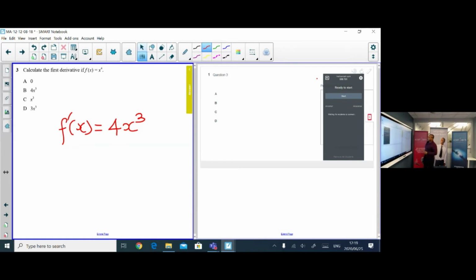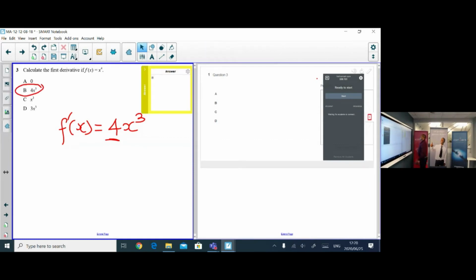So the exponent is always 1 less if you are using this formula. So if it was 4 as the exponent, it becomes 3 on top. But that original exponent, we pull it down as a coefficient in this case. So there is your solution.